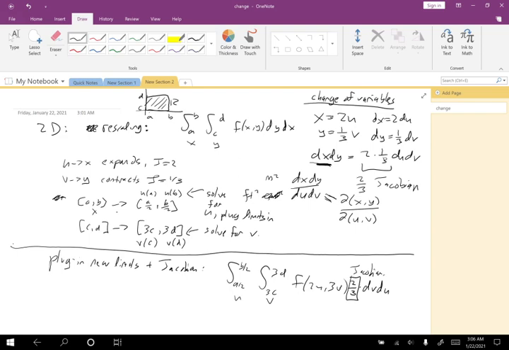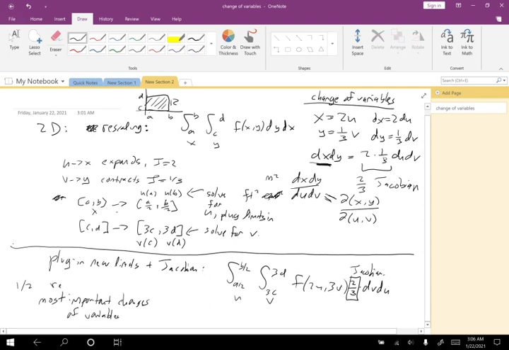I think this rescaling is one of the two most important changes of variables. Rescalings, because the other one is rotation, which we'll cover next. But the reason is that, let me just give you a physical example.